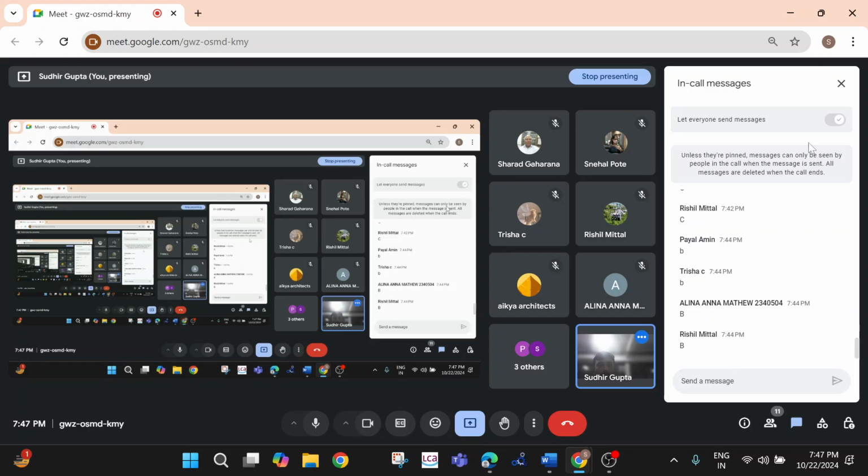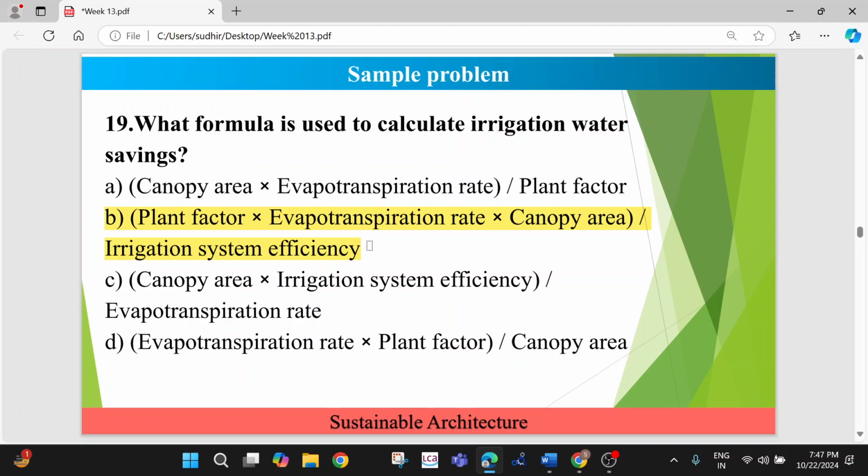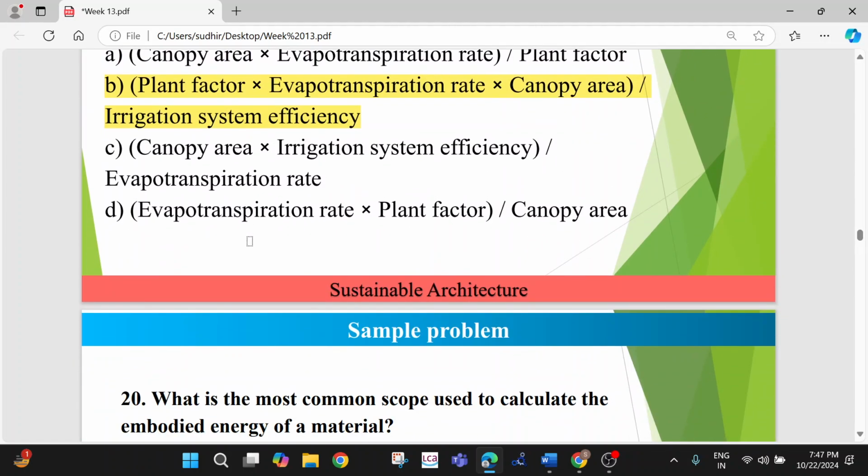Yeah, B will be the right answer. Using this particular relationship, you can find the previous answer. You just have to multiply it by 1000, so that you can come to the unit of LPD, whatever is mentioned. Fine. So let's move to the next question then.